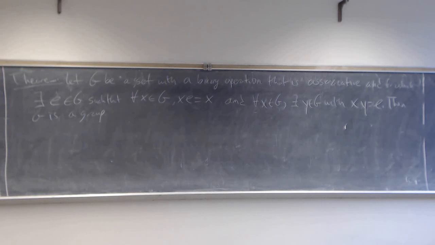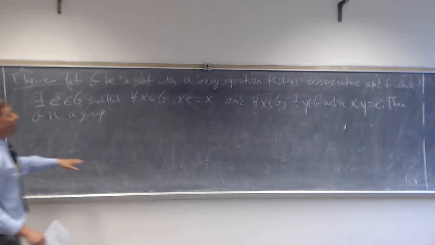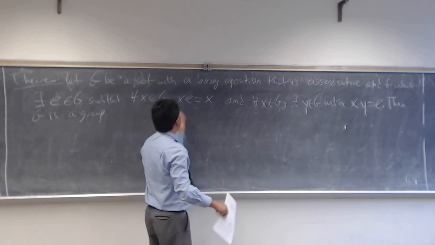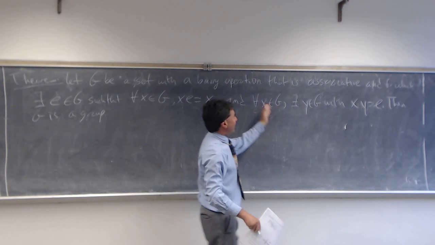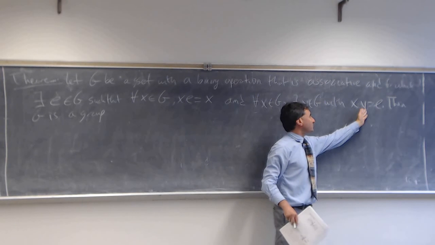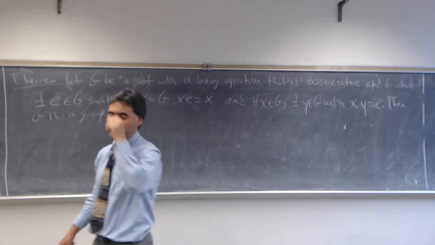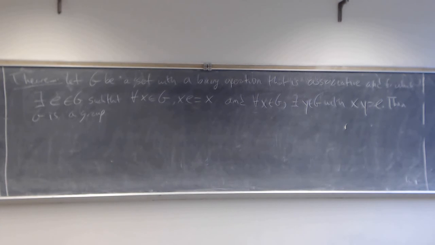Well, why isn't this just a statement of fact? If you remember, the properties of the identity and the inverse were two-sided. You were required to prove that you had both a right and a left identity. But this shows that if you have what we can call a right identity, and each element has a right inverse taking you back to that right identity, then in fact you must have a two-sided identity and two-sided inverse.